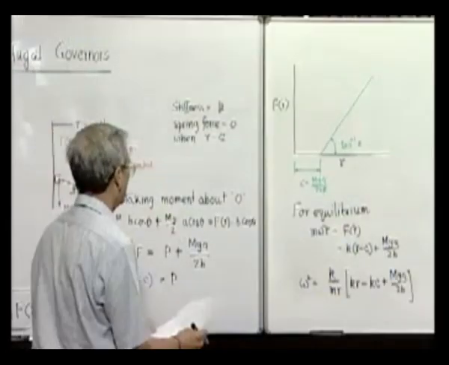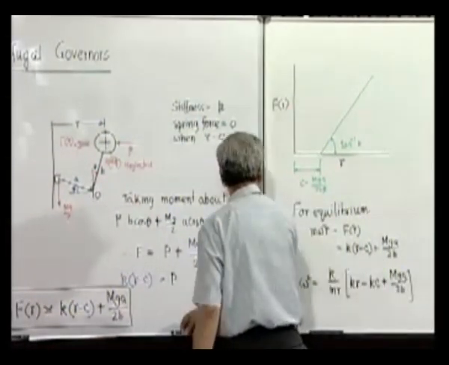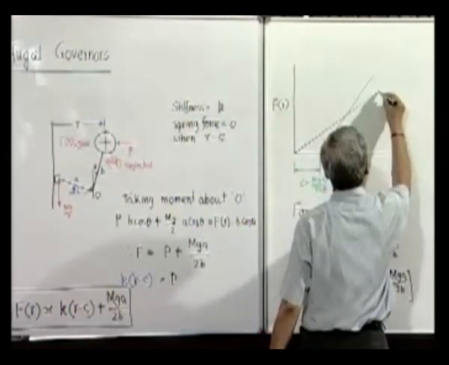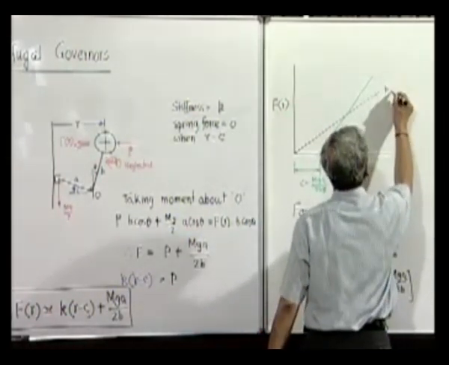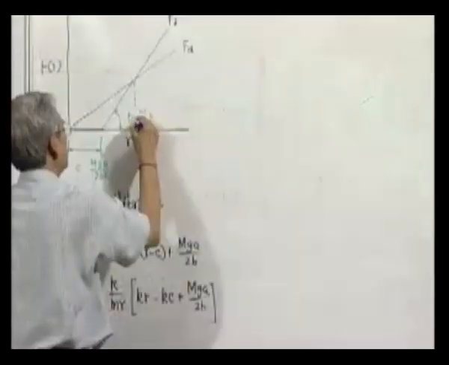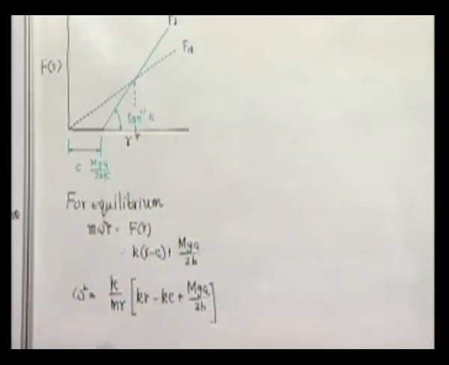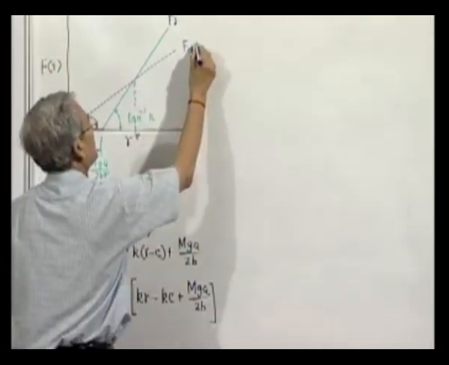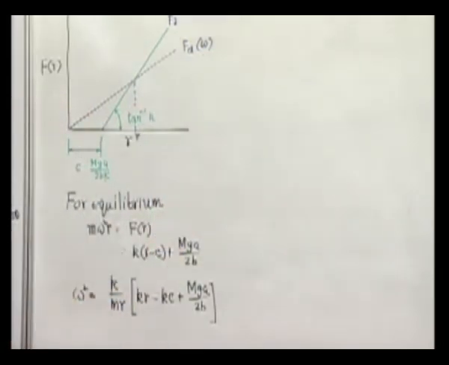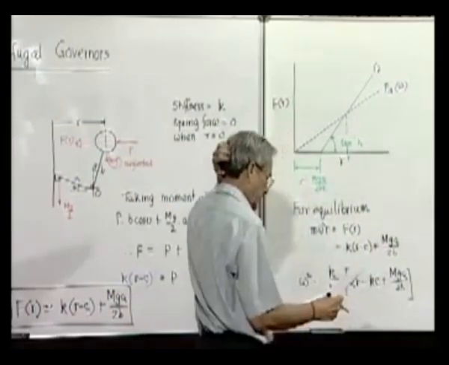So therefore, we can find out the equilibrium speed very easily, because this will be your m omega square R, and obviously this is the equilibrium radius R for a particular value of omega. As the speed increases, R increases, and it's quite obvious.